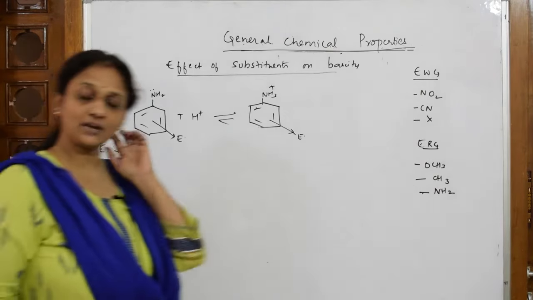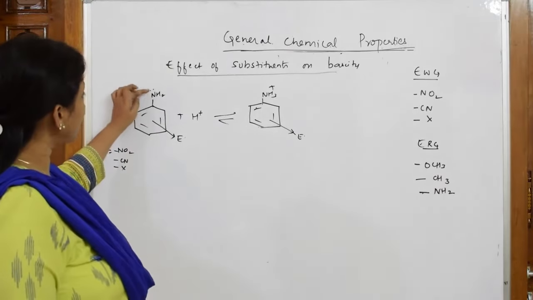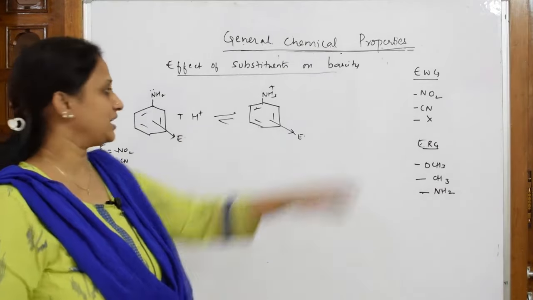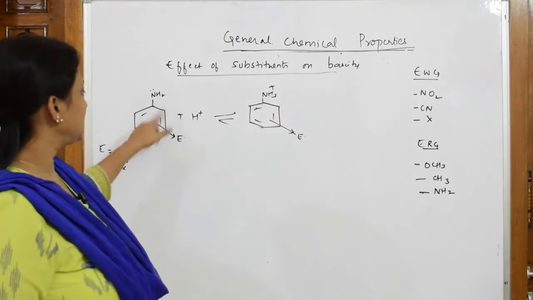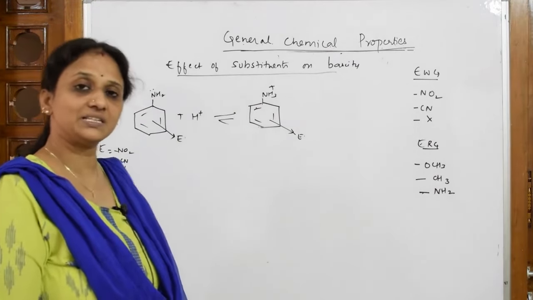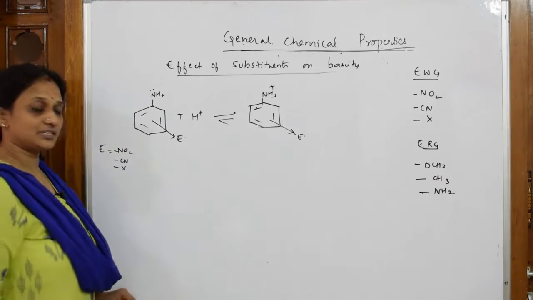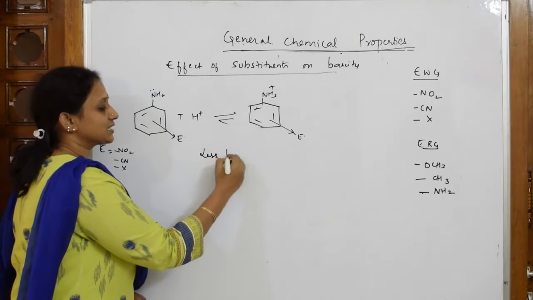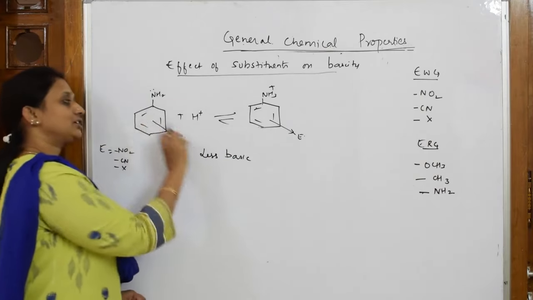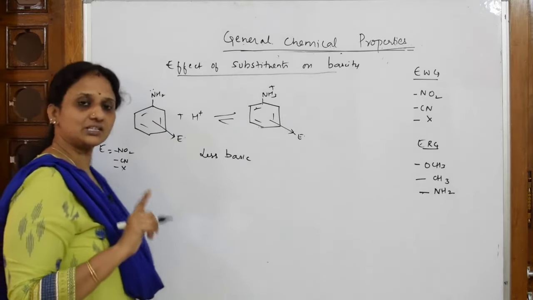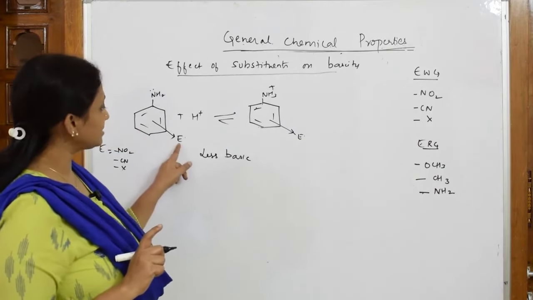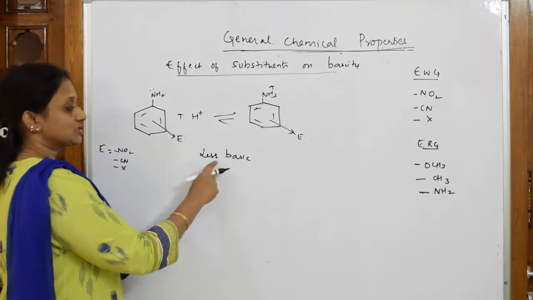Whenever you have an electron withdrawing group, it is going to drag the electrons from here. It will pull the electrons towards itself. If any of these are present on the benzene ring, they are going to drag the electron density, and what will happen to the basicity? It becomes less basic. Why? Because when something releases electrons, it is basic in nature, but when this is trying to drag the electrons towards it, it is less basic.